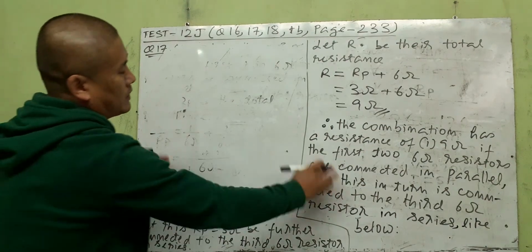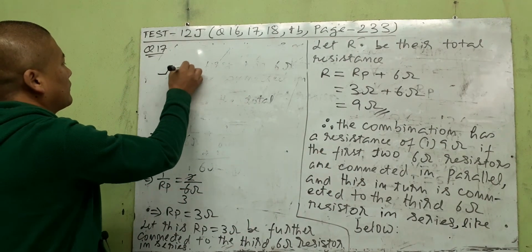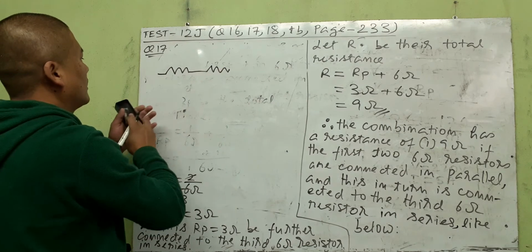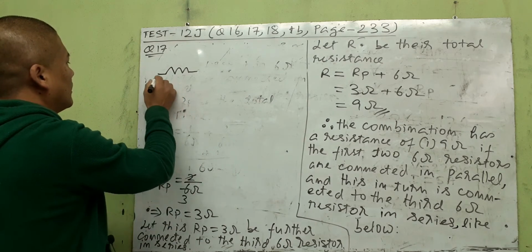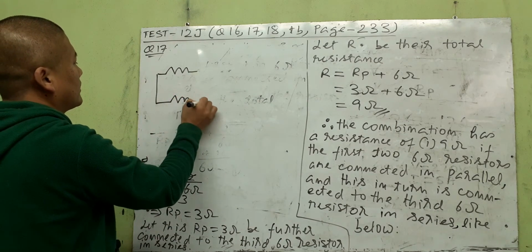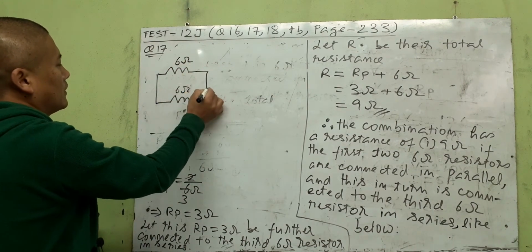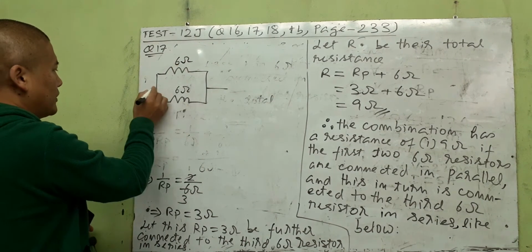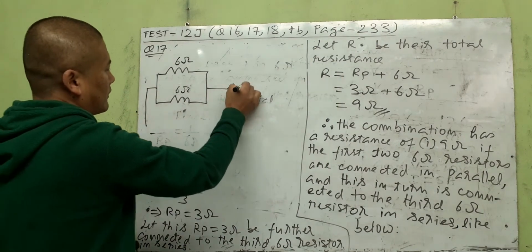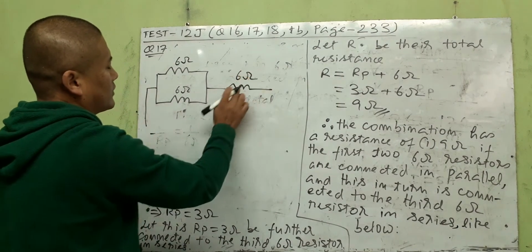What this statement means is that when you connect the first 6 ohm resistor to the second 6 ohm resistor in parallel, then these first two connected in parallel are connected to the third 6 ohm resistor in series.